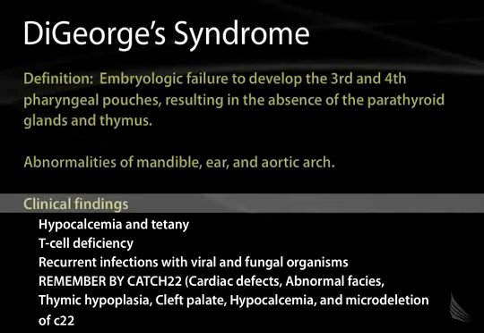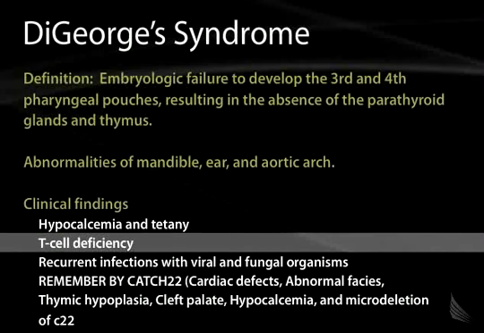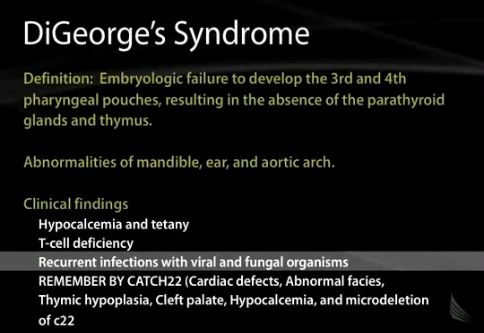Clinically, what one also sees in these patients is, not surprisingly, with the absence of the parathyroids, hypocalcemia and abnormalities in calcium level regulation, tetany resulting from the abnormalities in calcium regulation, T-cell deficiency, and recurrent infections with viral and fungal organisms.